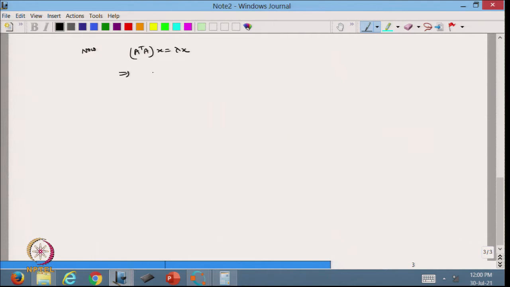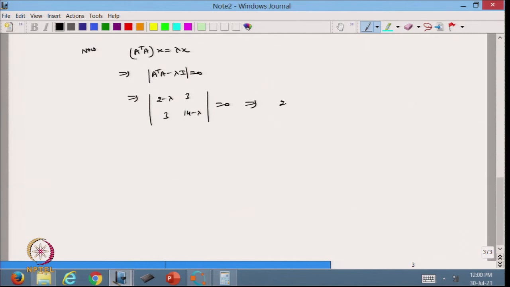So, from here I can define the determinant of A transpose A minus lambda I, which should be 0. So, from here I get the matrix with entries 2 minus lambda, 3, 3, 14 minus lambda, equal to 0.